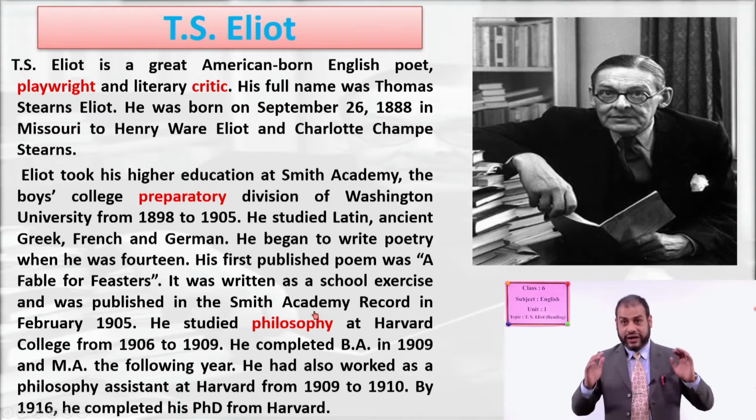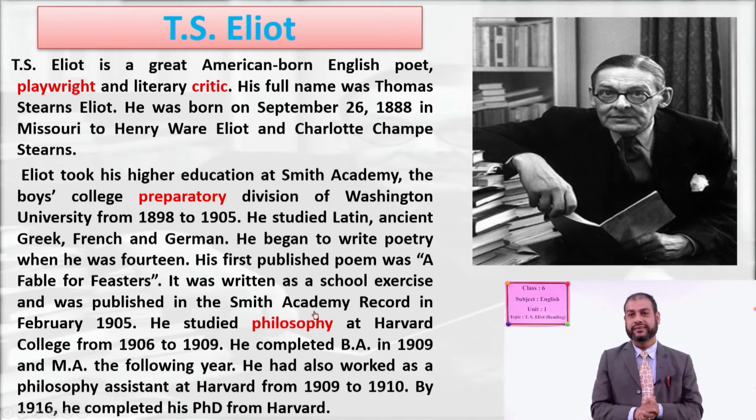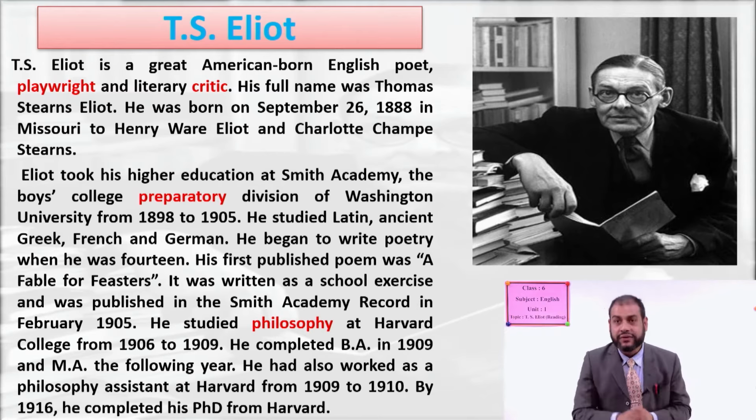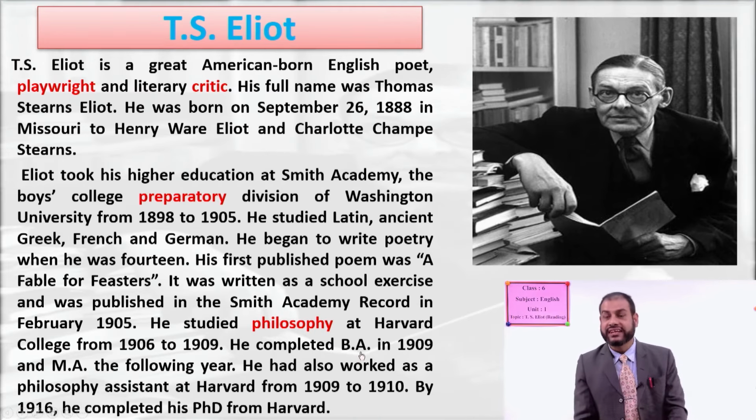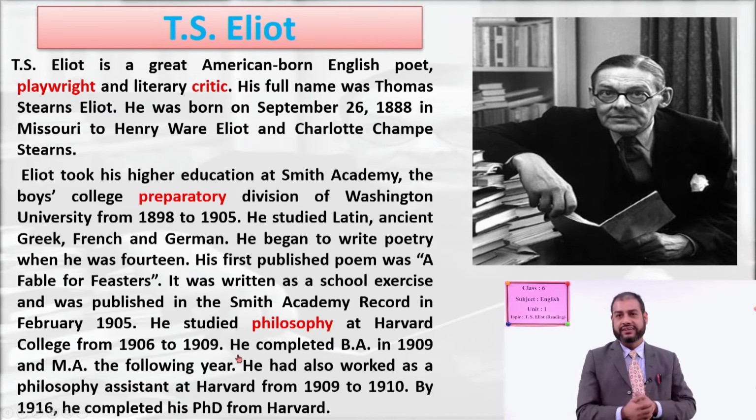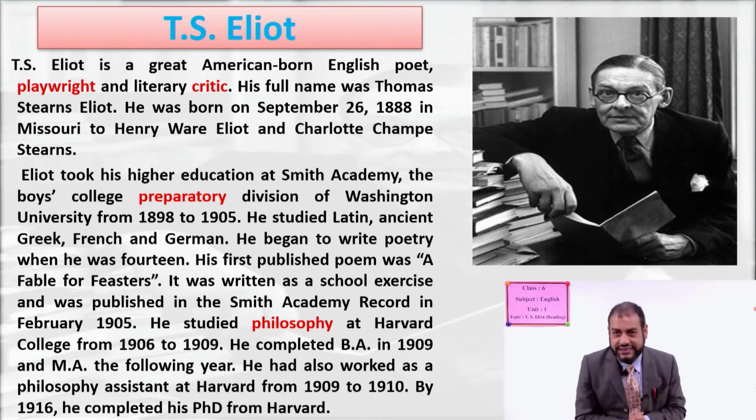And in 1909, what did he do? Yes, he completed his bachelor's level. He completed his BA, Bachelor's in Arts. Then next year, he completed his Master's in Arts, MA, degree level, okay? So when did he finish his MA?